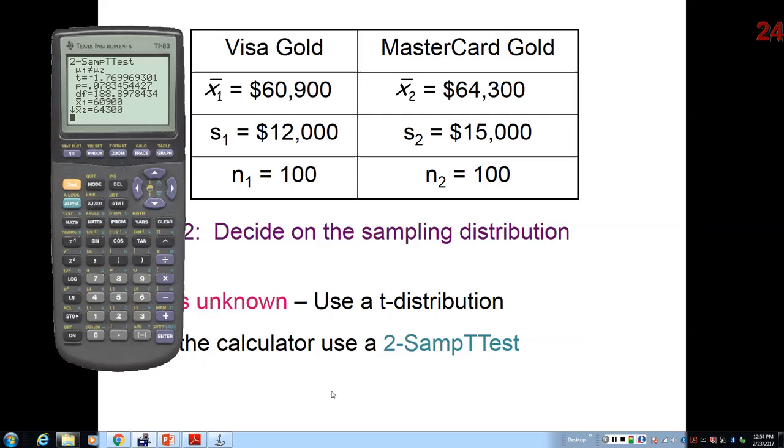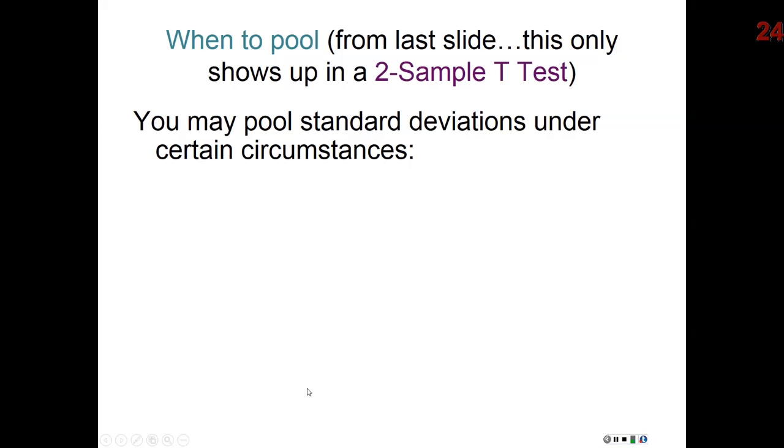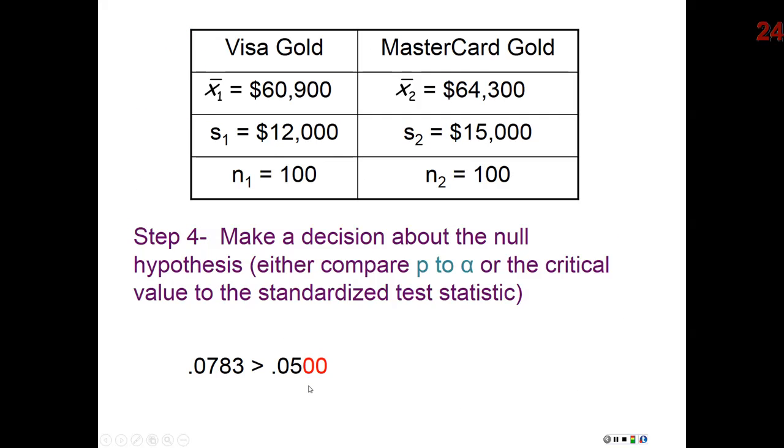So in this case, what do we do? I'm going to fail to reject. And because I failed to reject, how do I start my statement? I do not have enough evidence. Now go back to your null and alternative.